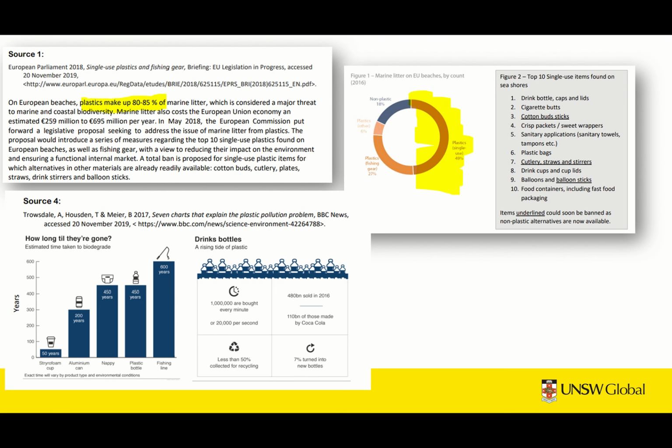But if we put this information together with source 4, if you remember, there were 2 things here. There was the fact that plastic bottles take a really long time to biodegrade, and there are so many of them. 1 million bought every minute. Combine those 2 ideas. So about 85% of marine litter is plastic, half of it is single-use plastic.